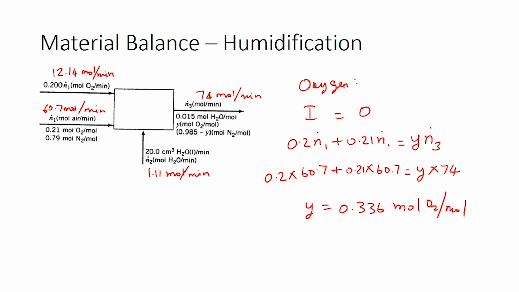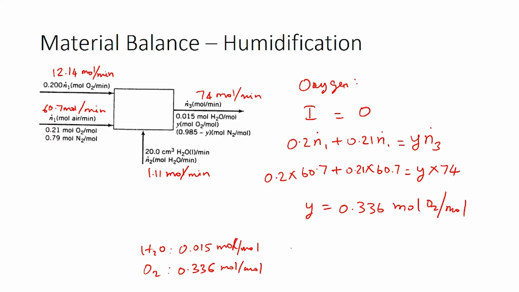So, now with this we have the composition of the exit stream also. The exit stream would now contain 0.015 moles per mole of water. It would contain 0.336 moles per mole of oxygen, and the rest is nitrogen.